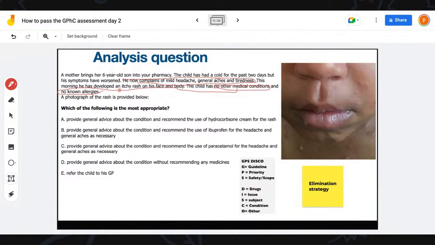This morning, the child has developed an itchy rash on the face and body. So we have a mild headache, general aches, tiredness, and an itchy rash on the face and the body. At this stage, this could be anything.